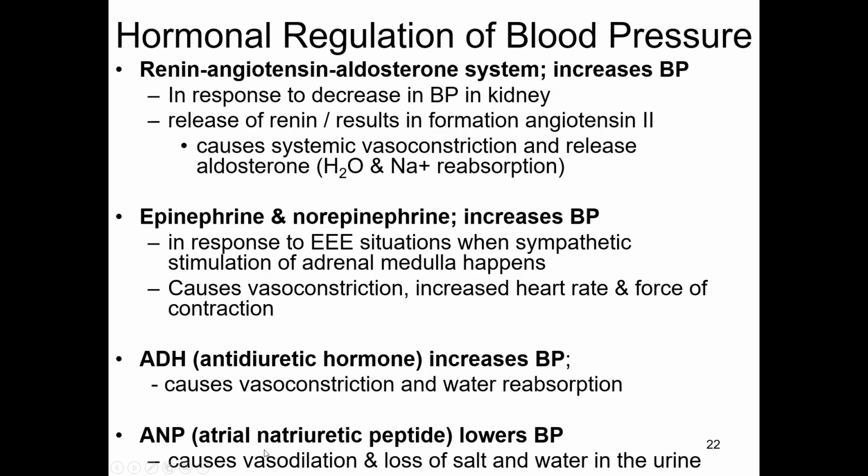Atrial natriuretic peptide also causes vasodilation, and vasodilation gives extra room in our blood vessels for blood, so blood pressure will be lowered that way too.